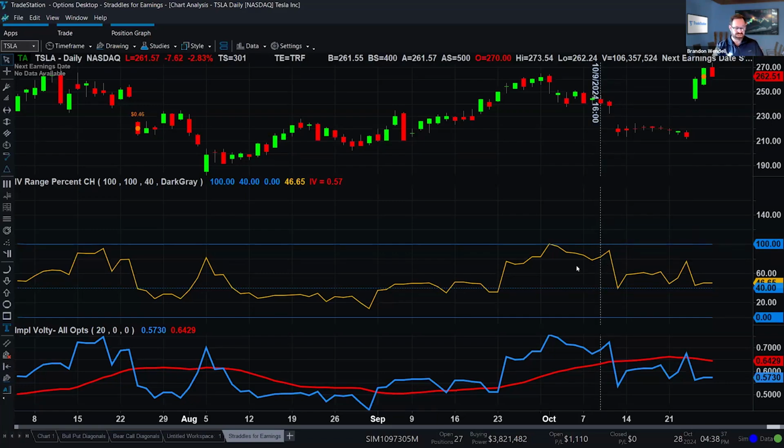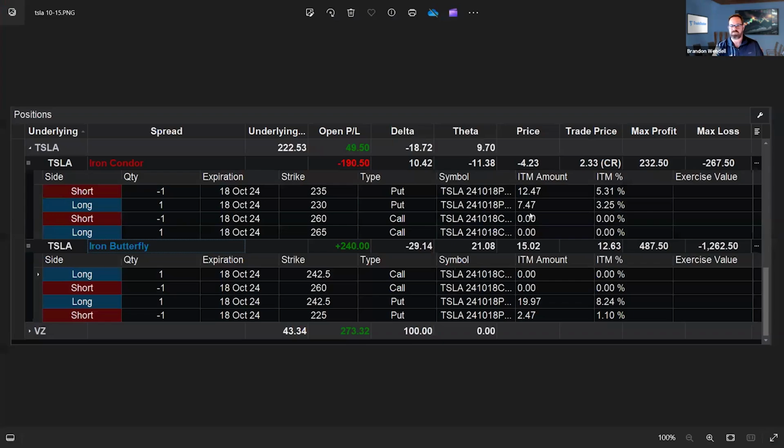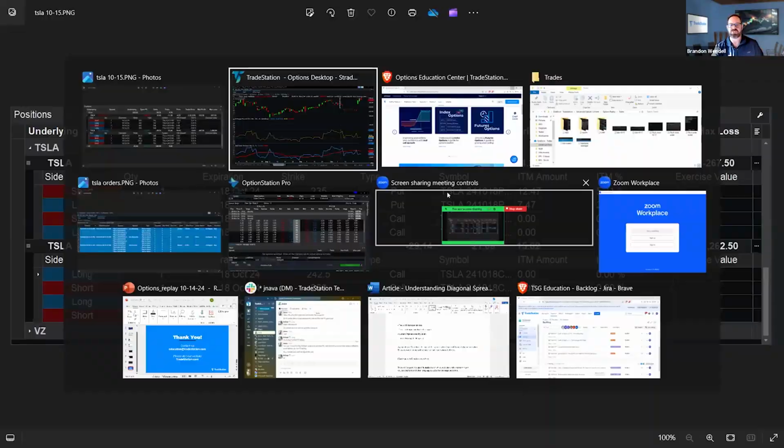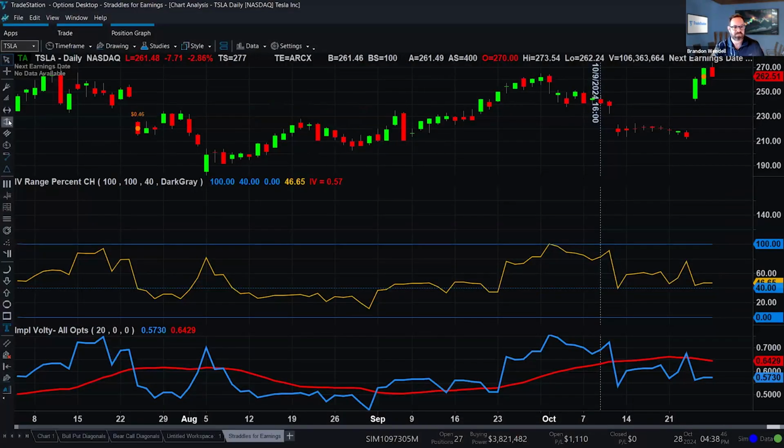Because what happened was, comparing the two strategies, you could see that this was on the 15th, the picture I took. Let's see, where's the 15th? Wow, I hit it right. Exactly, 15th. Notice what happened with the volatility.